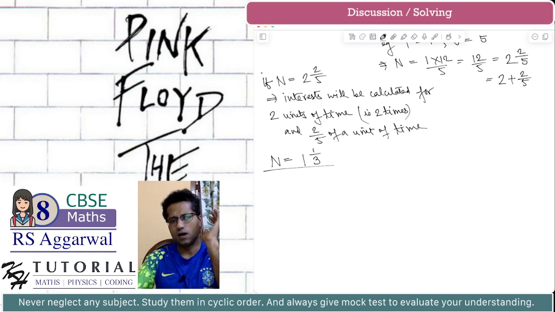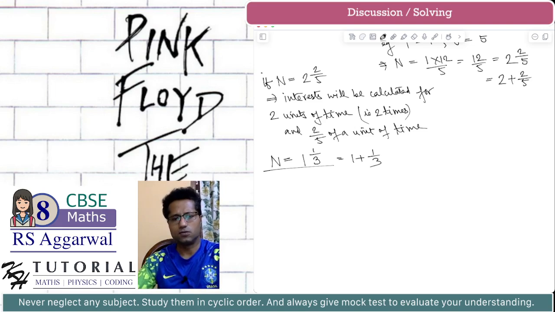So now how will I know how many times the interest is being calculated? Now 1 and 1 by 3 means 1 plus 1 by 3. This means that we will calculate the interest once for 1 unit of time, and we will also calculate the interest for 1/3 of a unit of time.